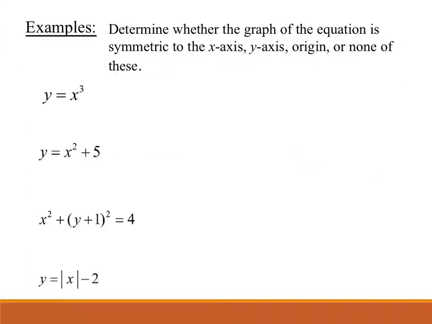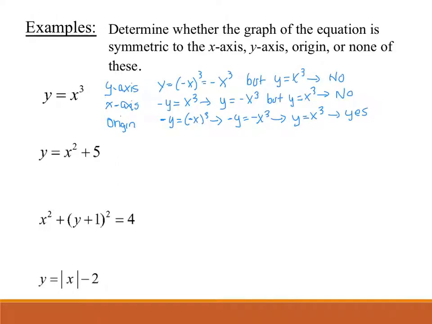So now we're going to determine whether the graph of an equation is symmetric to the x-axis, the y-axis, origin, or none of these. So in our first example, we have y equals x cubed. Here we look at the y-axis and we substitute in a negative x into the function.